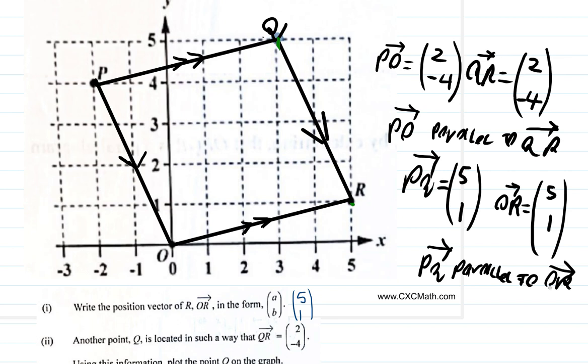Right? If you calculate the magnitudes, you would see that the magnitude of PO and the magnitude of QR would be the same. Right? Because what happened?